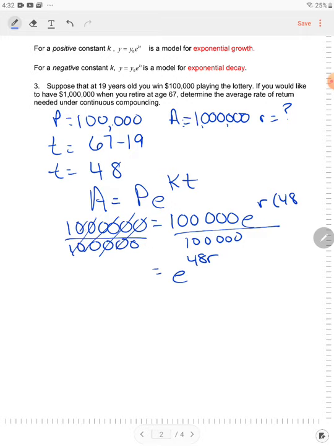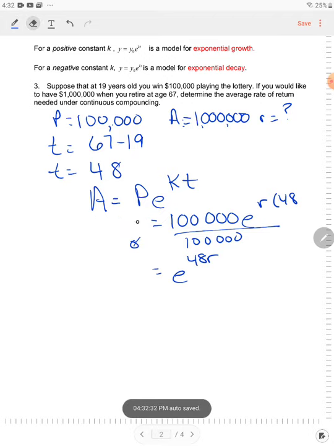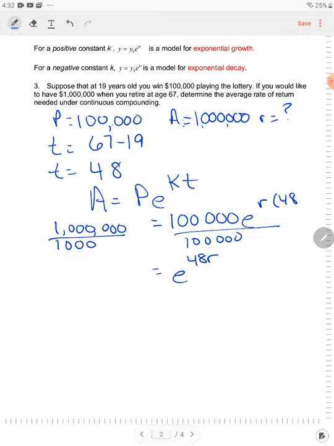So let me do that again. Let's make sure that I've written these numbers correctly. So 1 million is 1 with 6 zeros. And then we have 100,000, which is 5 zeros. So each one I'm dividing by 10. So we get 10 is equal to this.